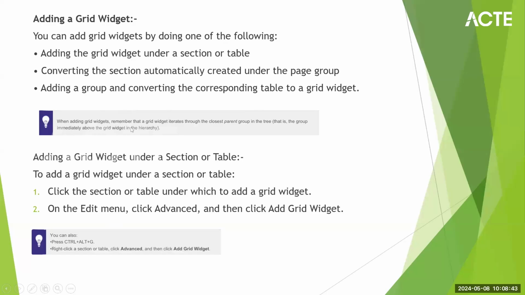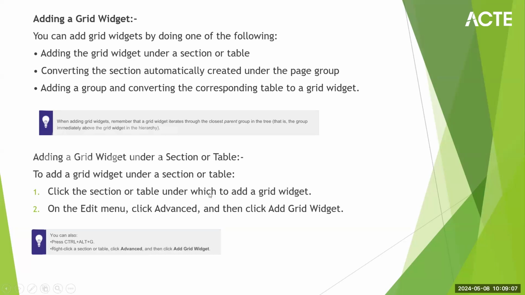When adding a grid wizard, remember that a grid wizard iterates to the closest parent group in the tree. Nothing but iterating to whatever the parent is for the particular field of the group parent, so that will be iterated. How do we add a grid wizard under a section or a table?